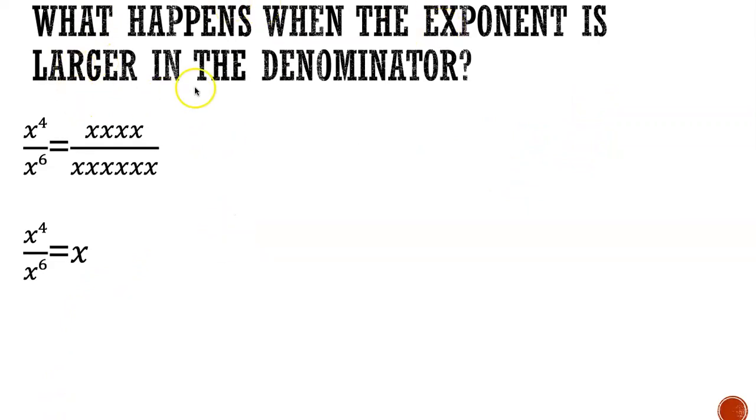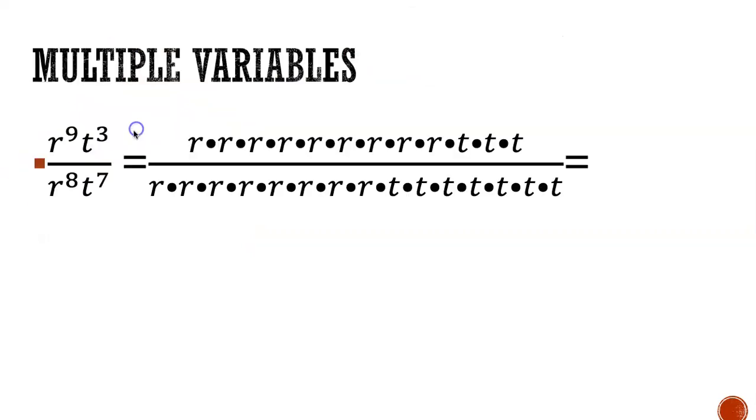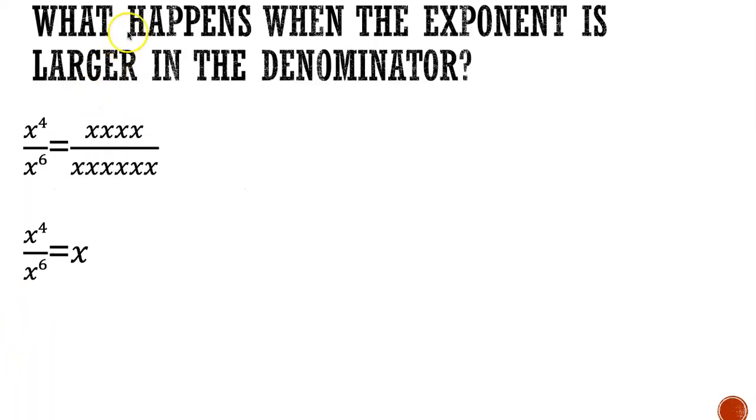All right, let's take a look at when the exponent is larger in the denominator. One thing we can do is cancel. X to the 4th divided by x to the 4th is 1.